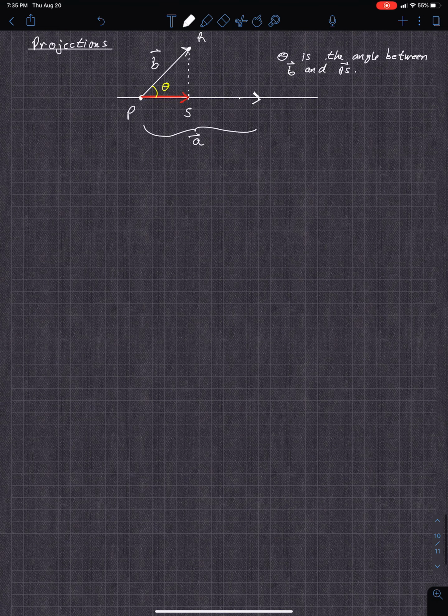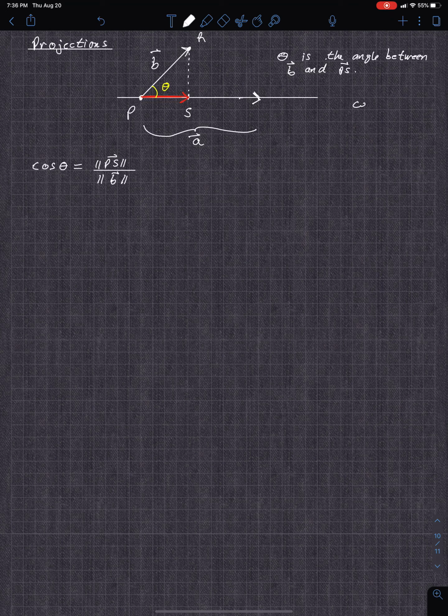All right, so then applying the formula above, what's the cosine of theta? Back up. What is the cosine of theta equal to? Well, that is going to be magnitude of PS over magnitude B. Oh, I kind of jumped ahead of myself there.